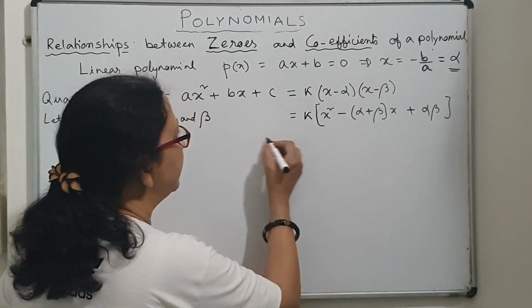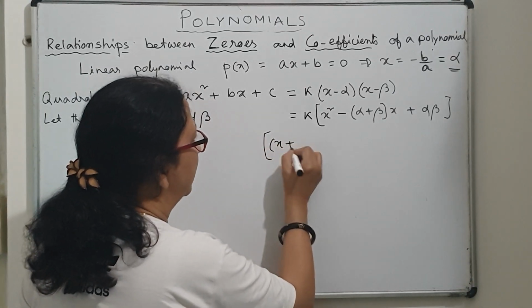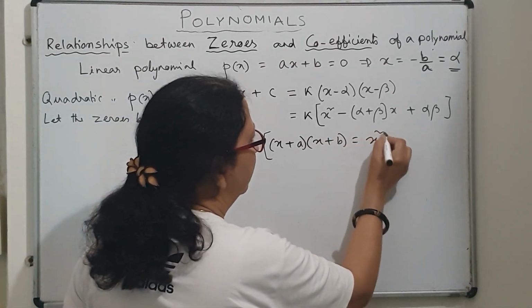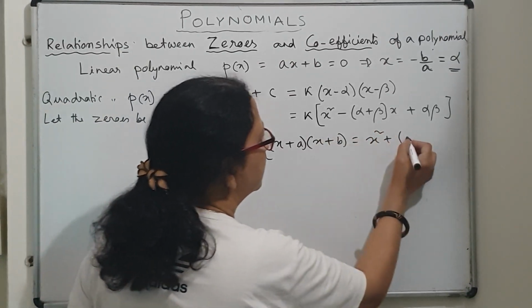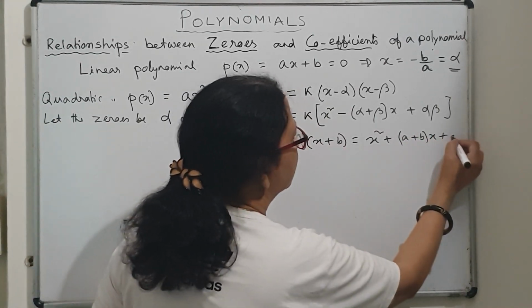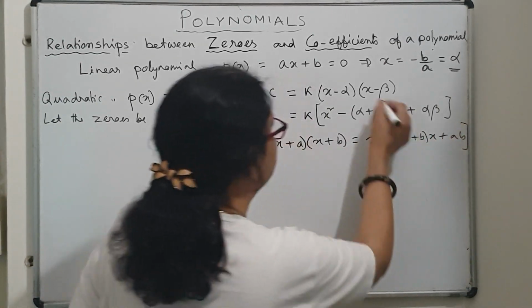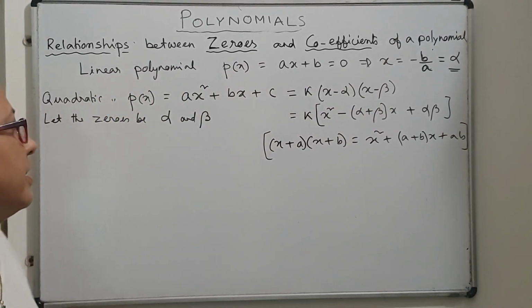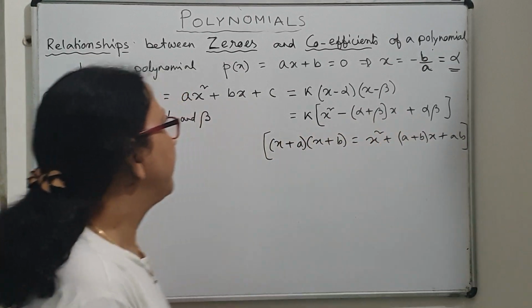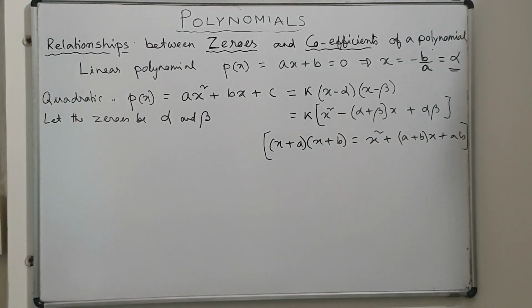Let me write down the identity that I have used: (x plus a) into (x plus b) is x square plus sum of the constants into x plus product of the constants. This is the very first identity that you learned in 9th class.